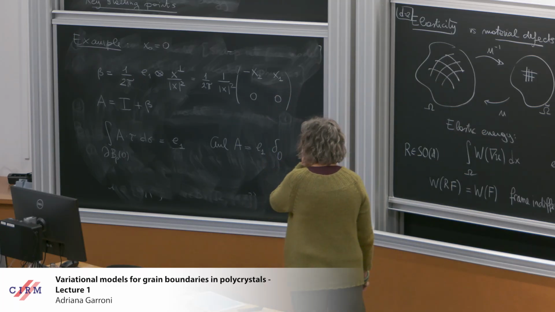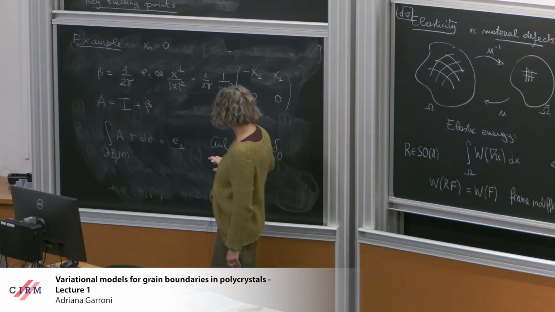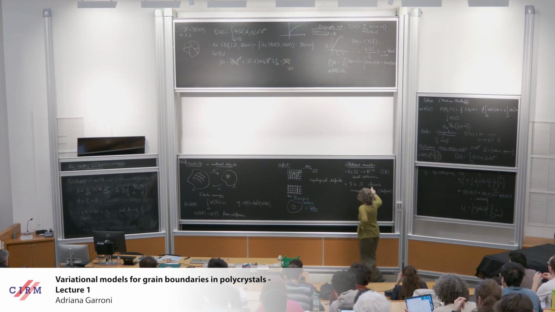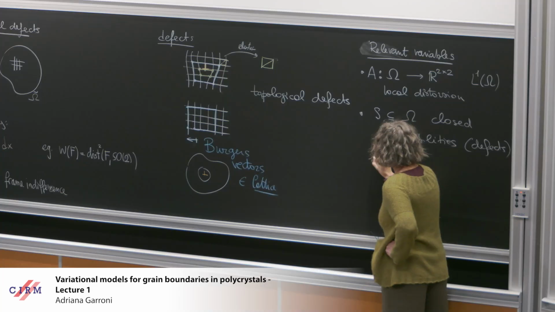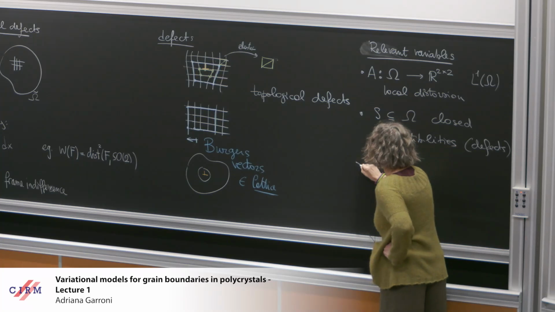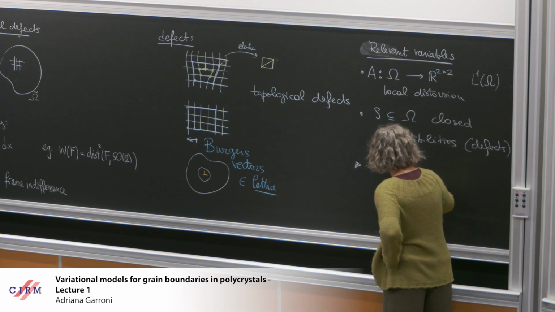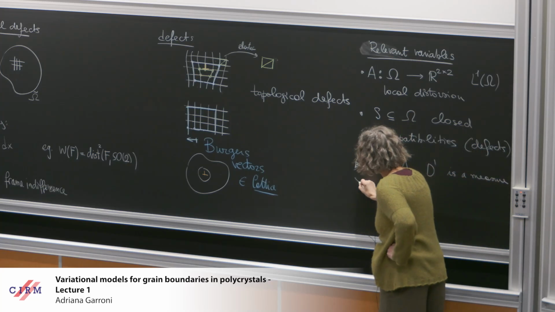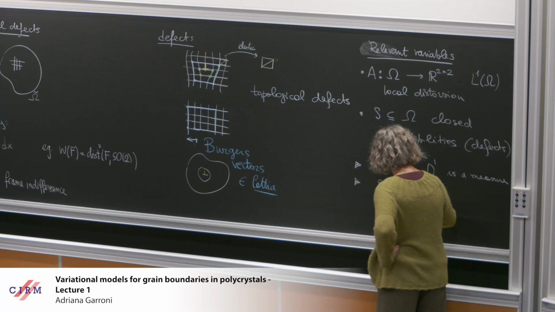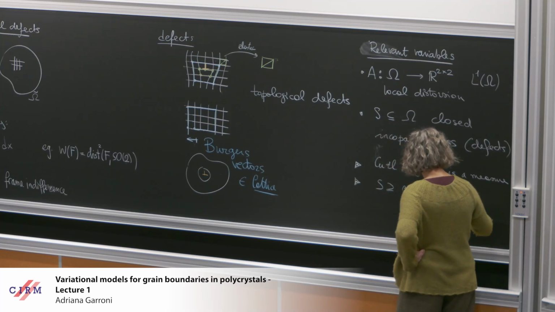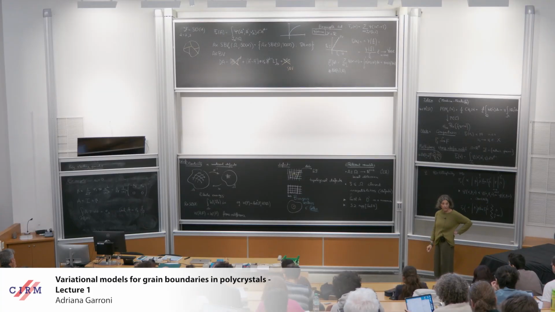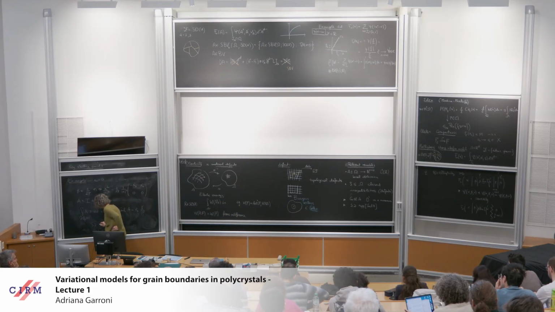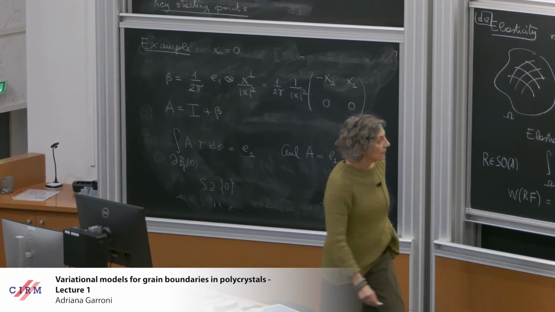So in general, fields with this type of defects are fields whose curl is a measure that might be concentrated. And this is the condition for S being a set of incompatibilities: curl of A is a measure, in the sense of distributions, and the set S contains the support of curl of A. So in this specific example, S will contain 0, that would be a neighborhood of 0.